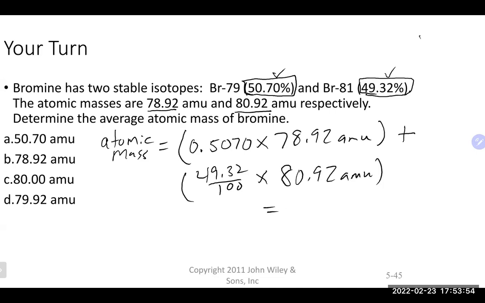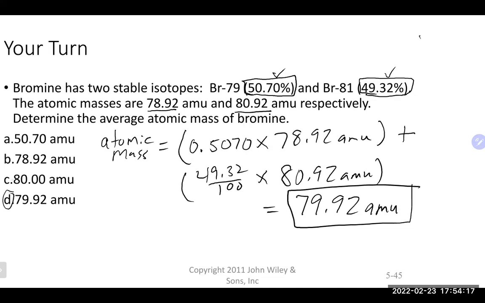If we do all that, we have 0.5070 times 78.92 plus 0.4930 times 80.92, which gets us 79.92 AMU as the atomic mass of bromine, which is pretty close to what we see on the periodic table, about 79.9 grams per mole.